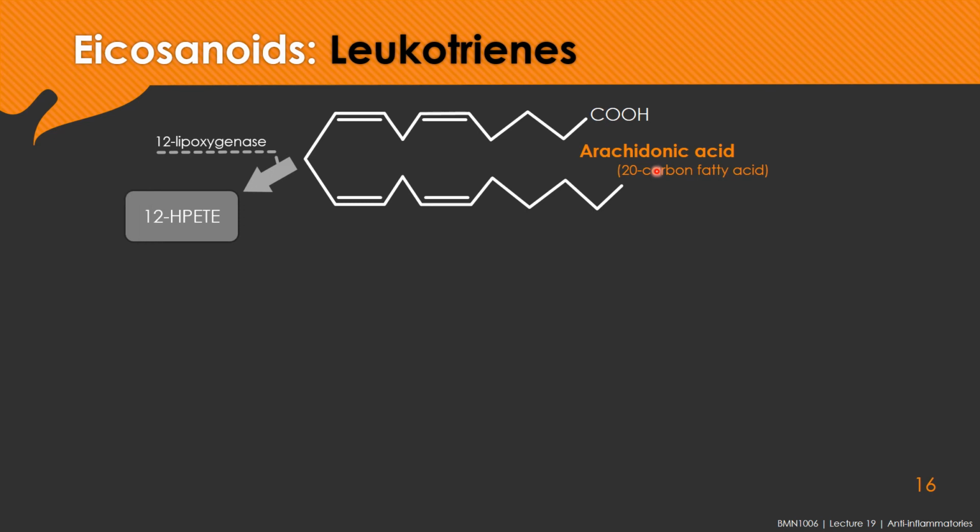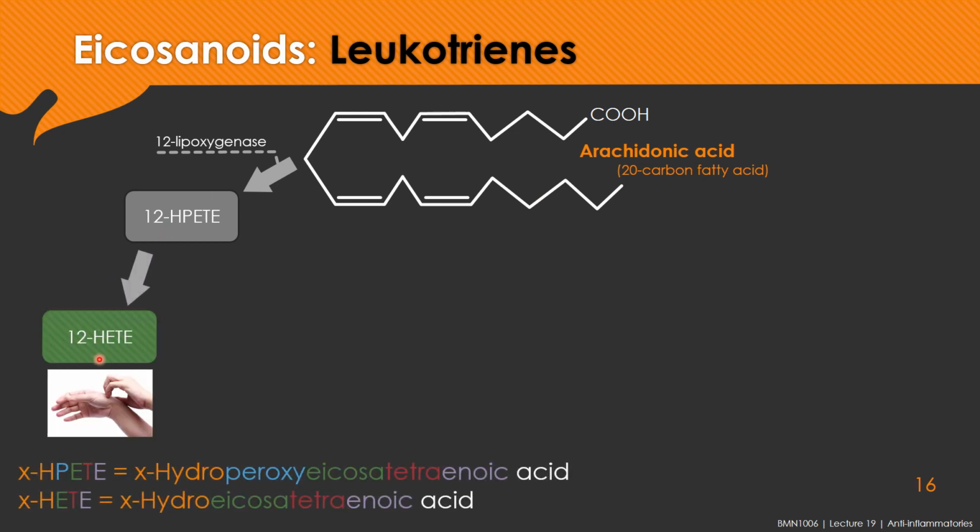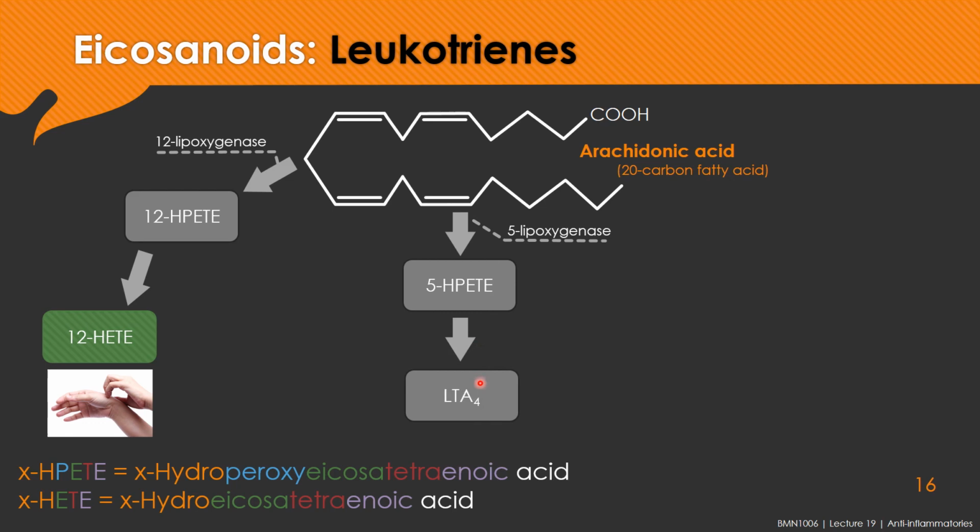With the action from 12-lipoxygenase, we can convert arachidonic acid into 12-HPETE, which is subsequently converted into 12-HETE. And that is what makes you itchy along with histamine. And now with another enzyme, the 5-lipoxygenase, you can convert arachidonic acid into 5-HPETE and eventually leukotriene A4.